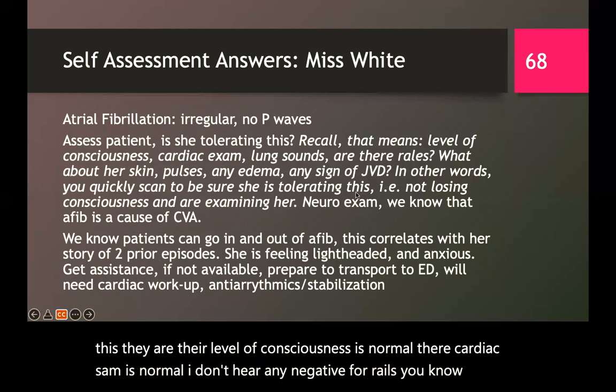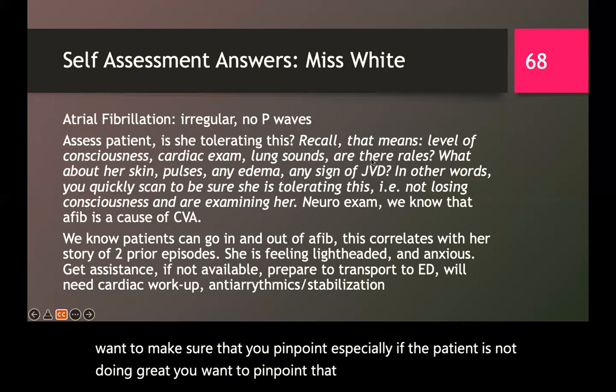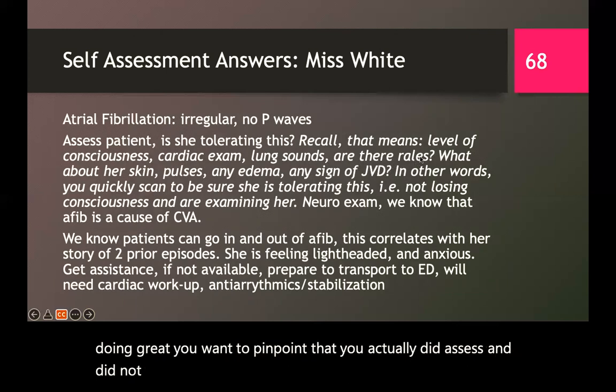You want to make sure you pinpoint, especially if the patient is not doing great, that you actually did assess and did not find that particular positive finding, particularly with a cardiac exam. We know patients can go in and out of AFib.